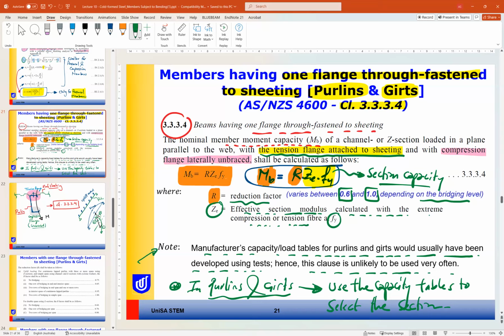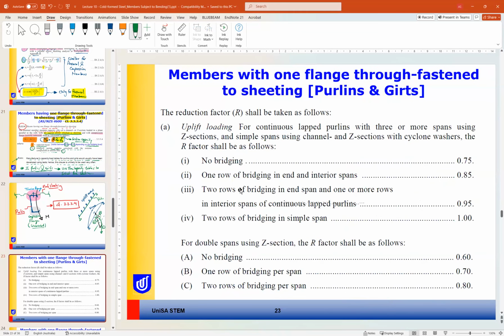So no need to calculate R and Ze and F yield for the purlin, because the capacity table gives us directly, if you have a certain span, what is the maximum load that can be carried by this purlin. So based on the value of load you have, you can select the proper purlin. But anyway, these are the values of R based on the standard, quickly.